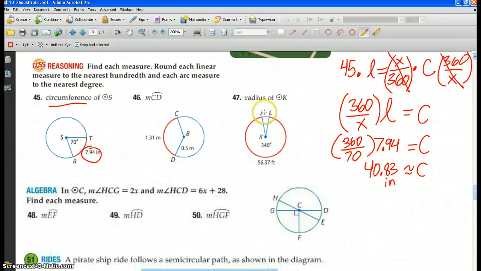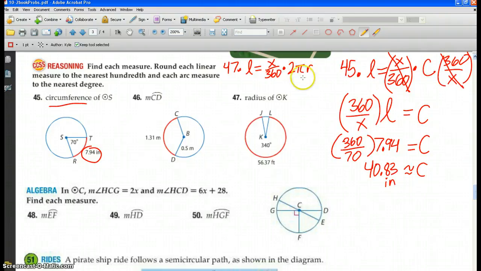Number 47, find the radius of circle K. So for 47, arc length is equal to angle over 360 times the circumference, which is the same as 2 pi r, and we want to solve this equation for radius.